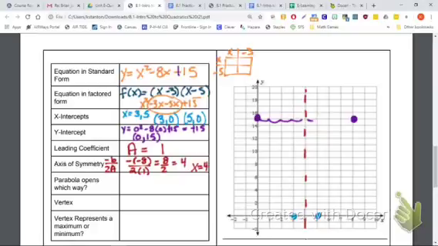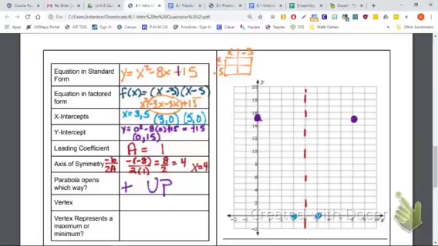I drew those lines just to show you the symmetry there. So I now have 4 points of this graph. The problem is we don't know what the vertex is. Looking at this, I can see that my a term was positive, and so I know that it's going to open up. Now let's go ahead and find that vertex.